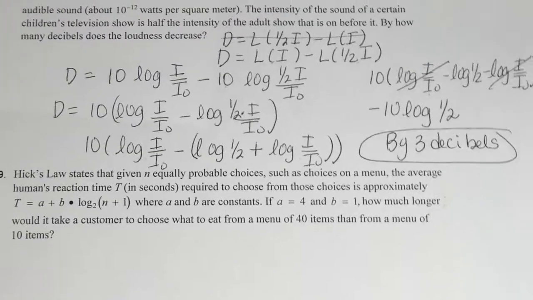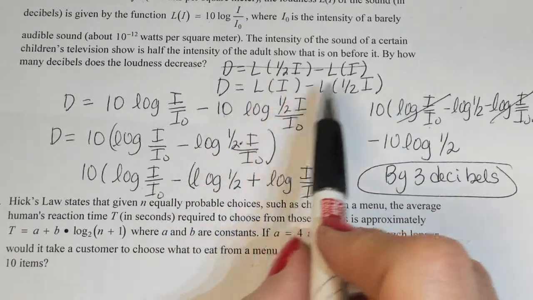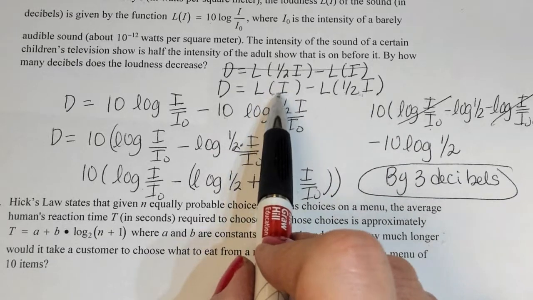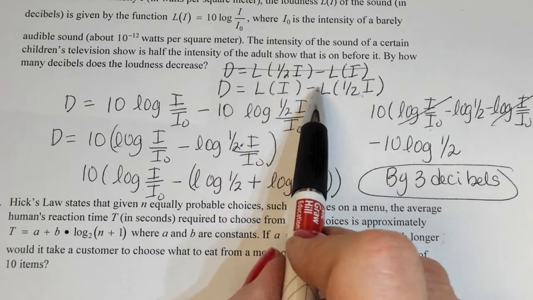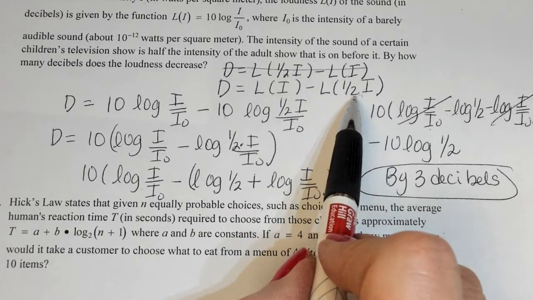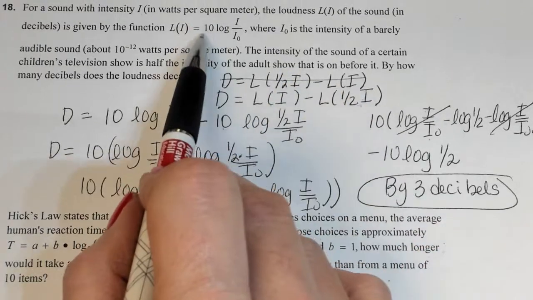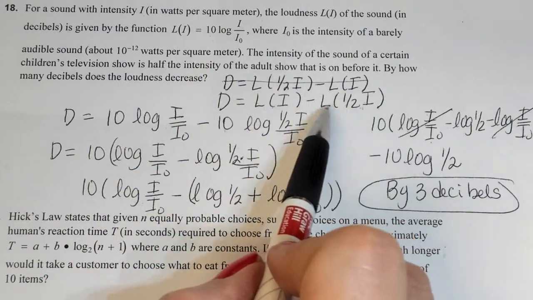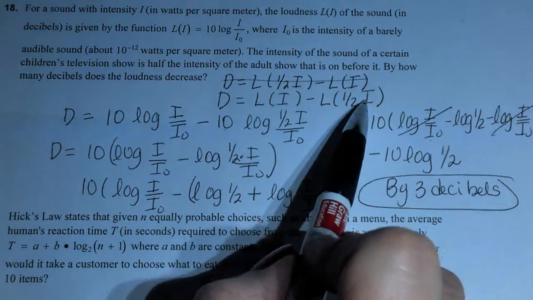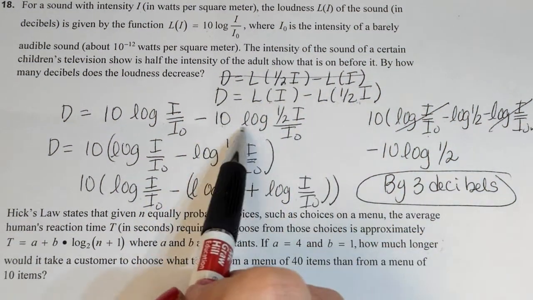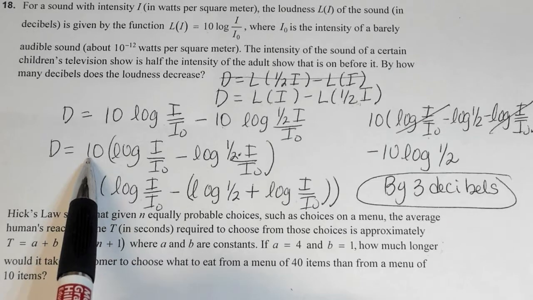I know that was a tough one, so let me go through it again. First of all, I had to decide which was louder, the adult or the children. So the adult was louder. So I put that first, and I subtracted the decibel level or the loudness of the children's show. Then I used my formula, and wherever I wanted to do L of 1/2 I, I had to replace I with 1/2 I, and then I factored out the 10.